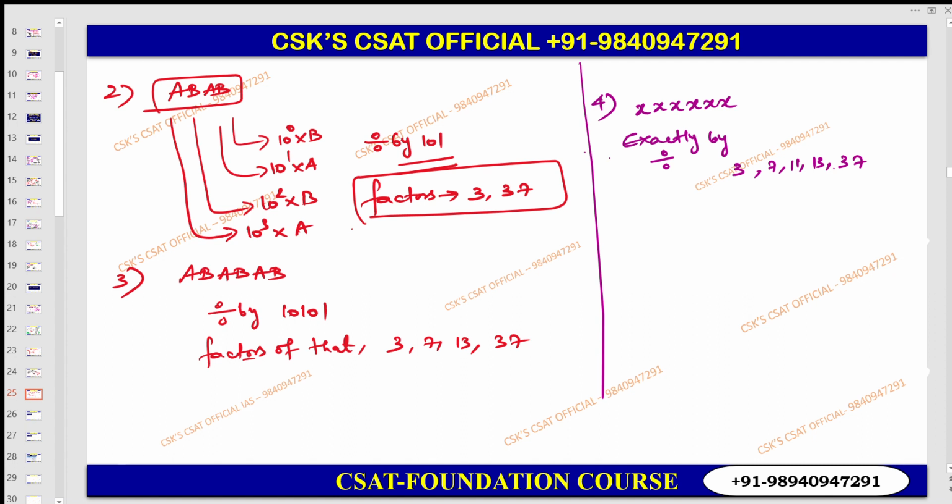Which of the following are correct? They'll give you 1 1 1 1 1 1 1, 6 times; 2 2 2 2 2 2 2, 6 times; 3 3 3 3 3, 6 times; which are divisible by, and they'll give you options: divisible by 7 only, divisible by 7 and 11, divisible by 7 and 13. So like that they will put up a question, so you have to be very careful. This kind of thing is very, very important.